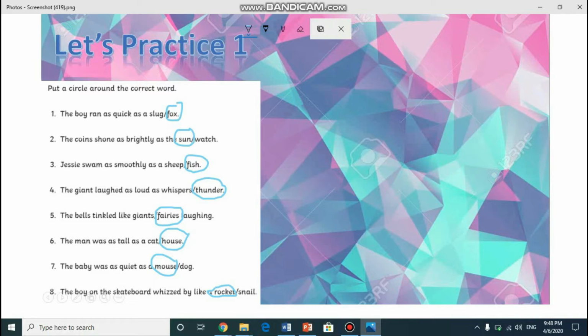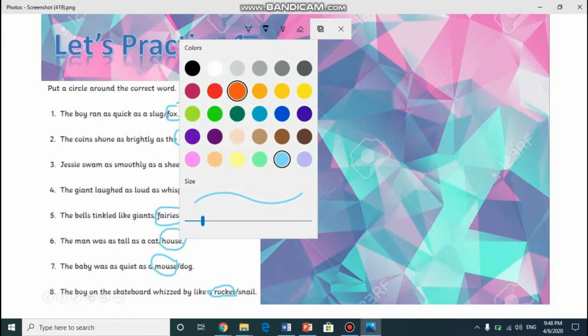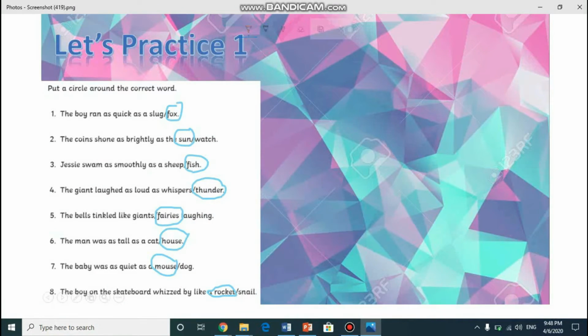So you can see that in sentence number 1, they used as quick. Let me highlight it for you with another color. So they used as quick as. In sentence number 2, they used as brightly as. Then I have this one, Jessie swam as smoothly as.